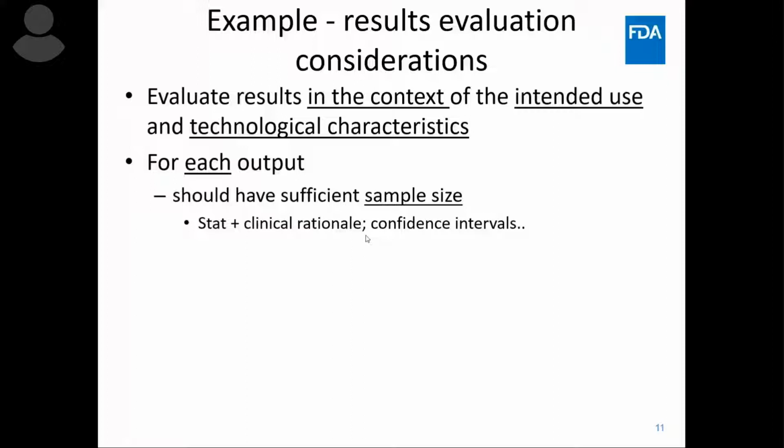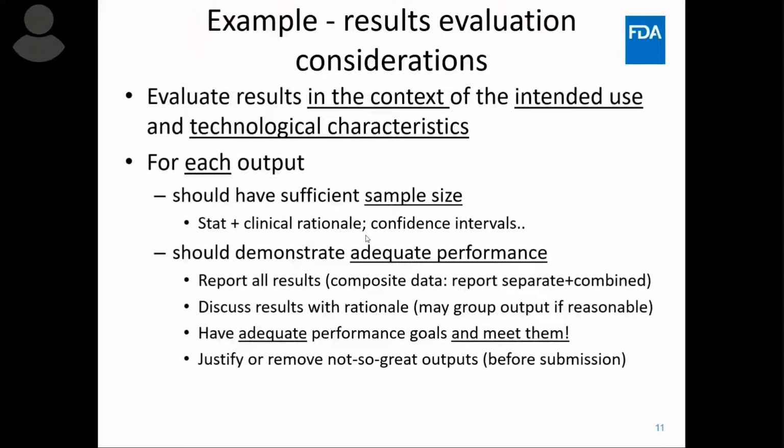We recommend to report all results. In case of composite data sets, report separated and combined. We recommend either you have a good performance goal and you meet it, and if you have a few cases where you're a little bit lower, it may be fine to discuss and justify them. It is also probably a good idea to remove the outputs that are not performing very well.